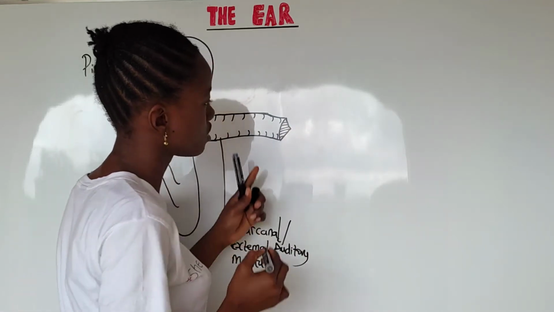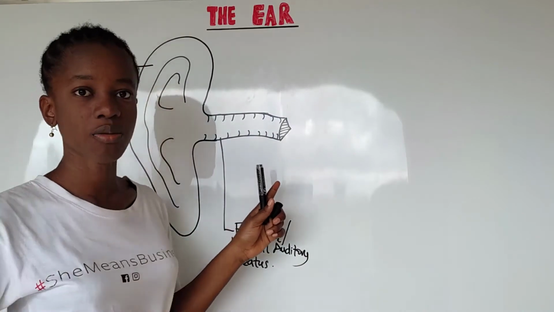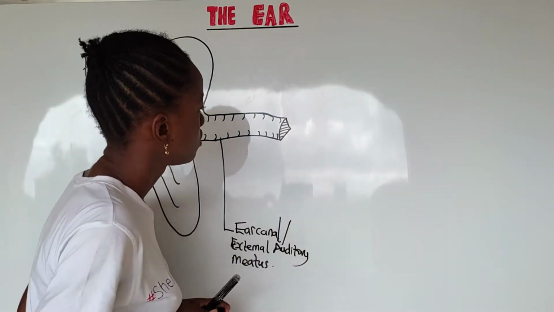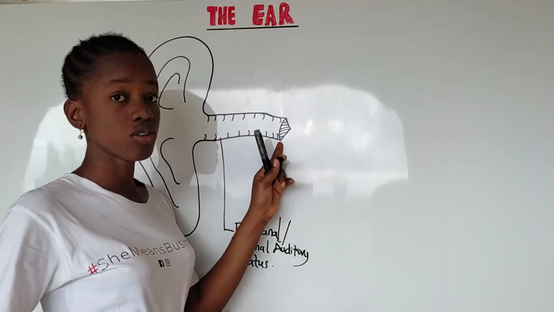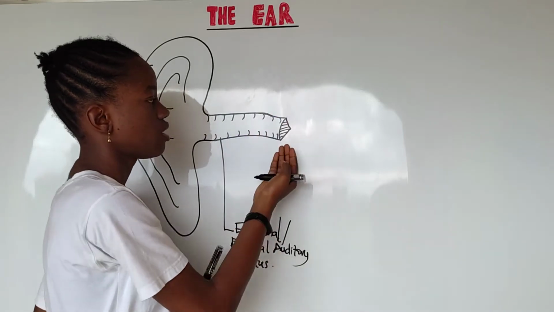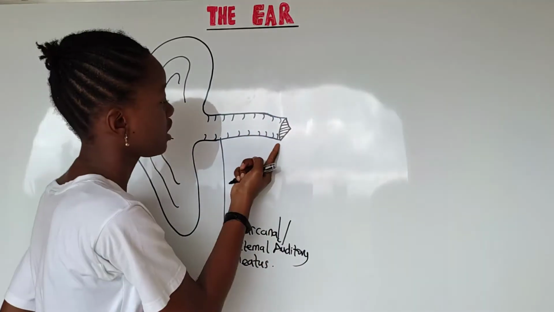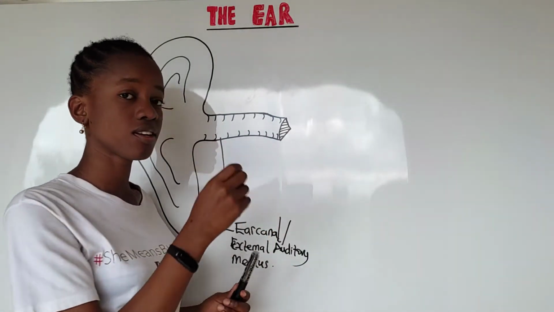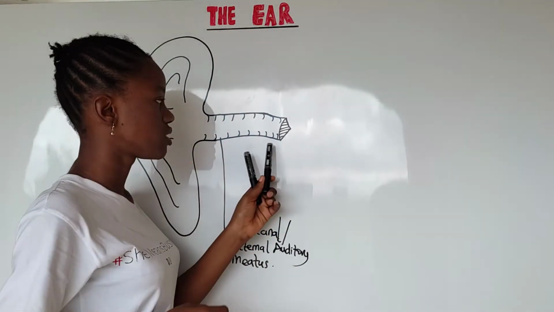So see, this is the tympanic membrane, commonly known as the eardrum. It's stretched at the end of the ear canal. It covers it at the end. And it's a thin membrane or skin.